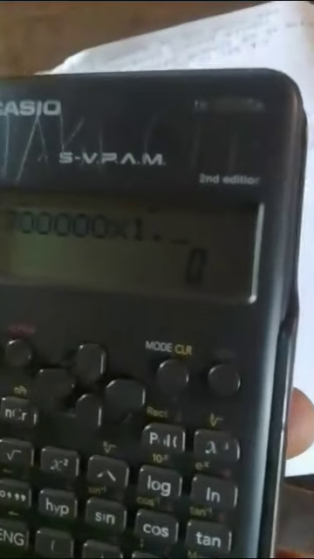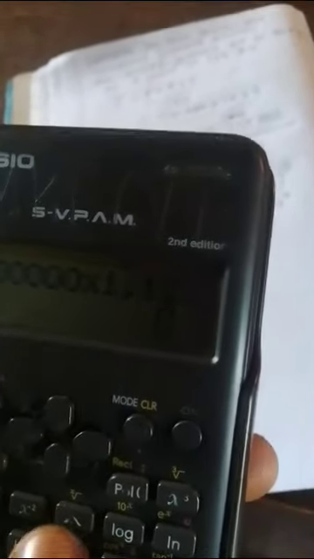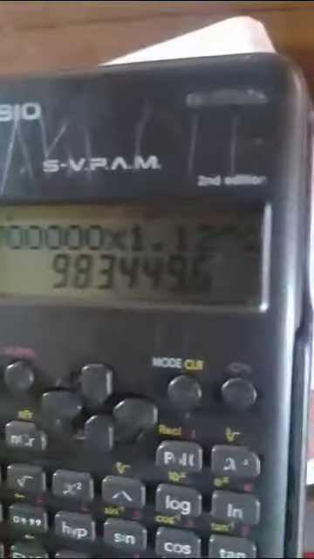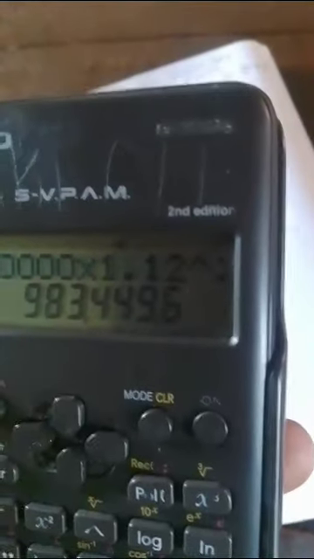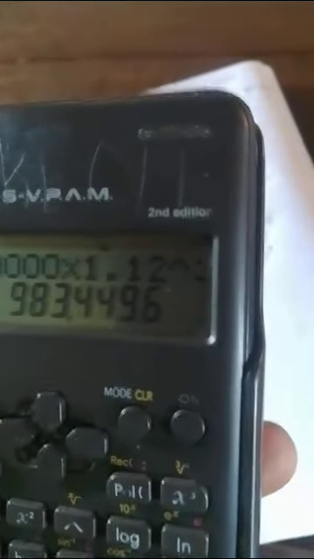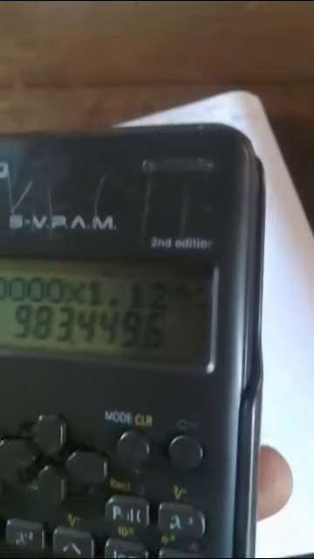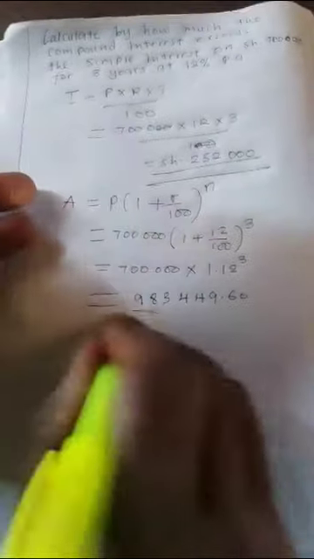You can easily solve this using a calculator, where you have 700,000 multiplied by 1.12 raised to power 3, is equal to 983,449 and 60 cents. This is the amount.